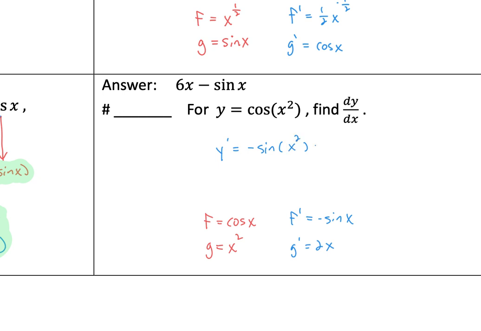And then just times that by g prime. A free response answer will definitely look like this, no question. It may have parentheses around the x squared, might not, but besides that it'll be like that.